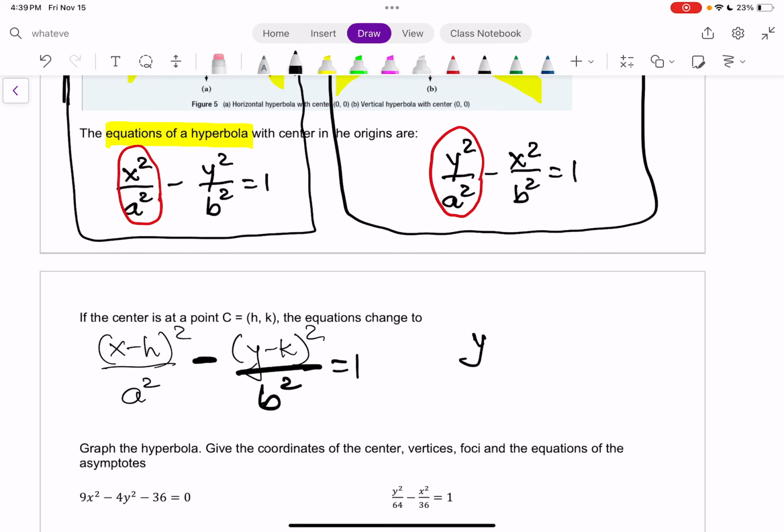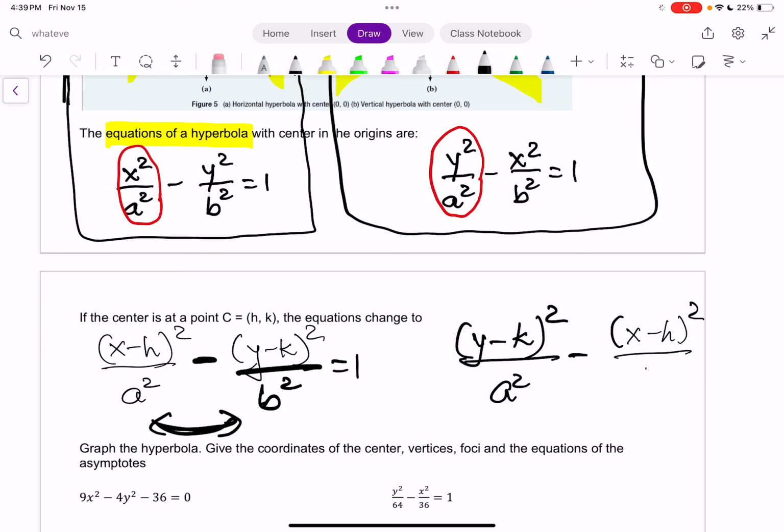So again, it depends whether the hyperbola is opening left and right along the x-axis, or up and down along the y-axis. But in either case, as you see, I'm subtracting the x-coordinate of the vertex from x and the y-coordinate of the vertex from y. Okay, that's not going to change.